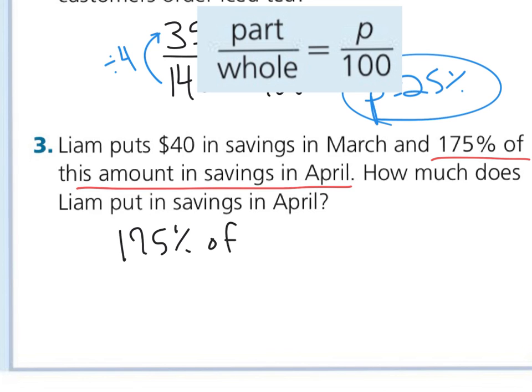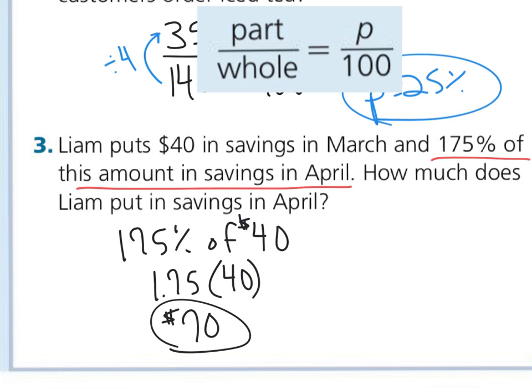So in other words, 175% of $40. So we could change the percent to a decimal and multiply. So that comes out to be $70. Again, there's other ways we could do a proportion. We could come up with an equation, but if you want to just work it out this way, that's fine also.